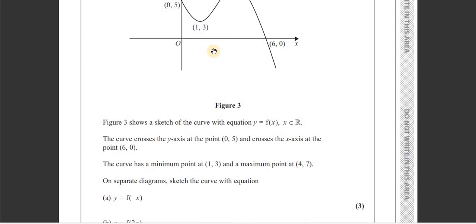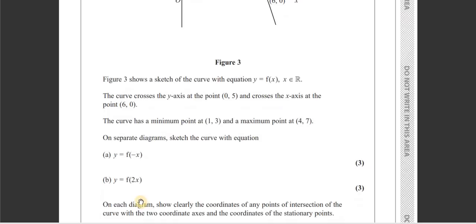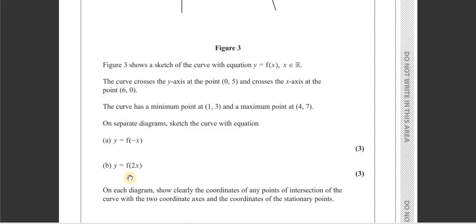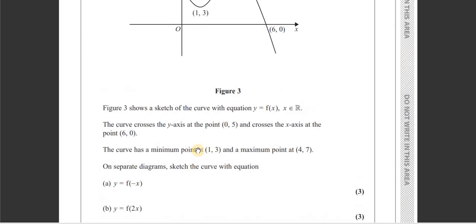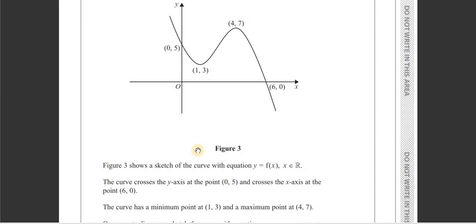On a separate diagram, sketch the curve with the equation y equal to f of minus x and y equal to f of 2x. Okay, so we need to sketch on a separate diagram. Let's see, this is the curve which is given.